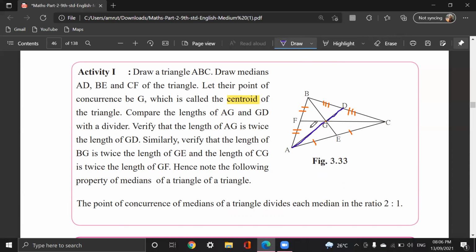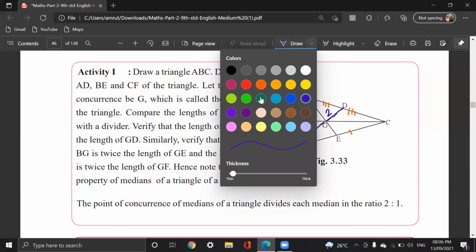What you will find is that if AG is 4, if you got 4 centimeters, then what will you get for GD? Exactly 2 centimeters.